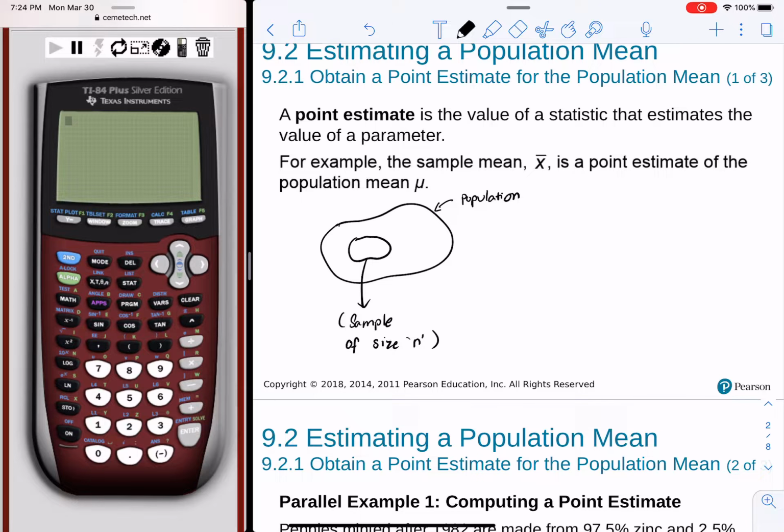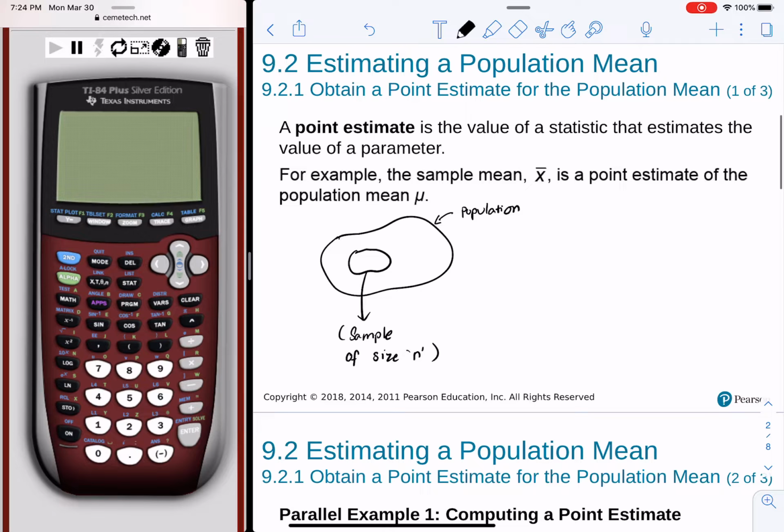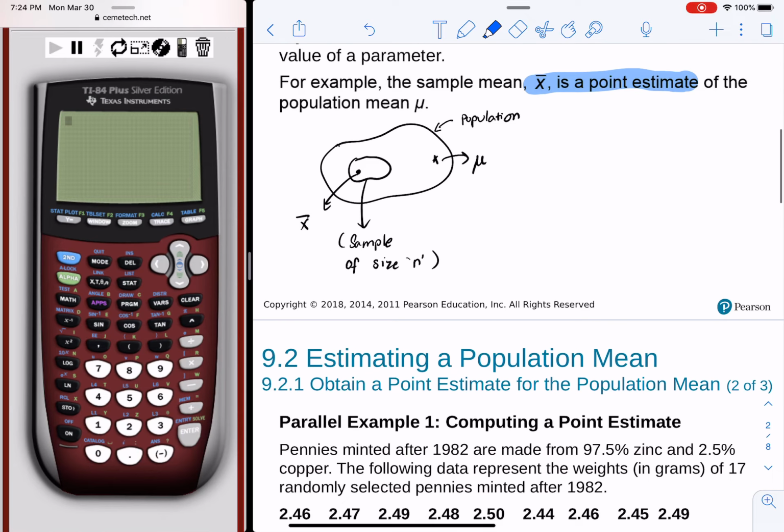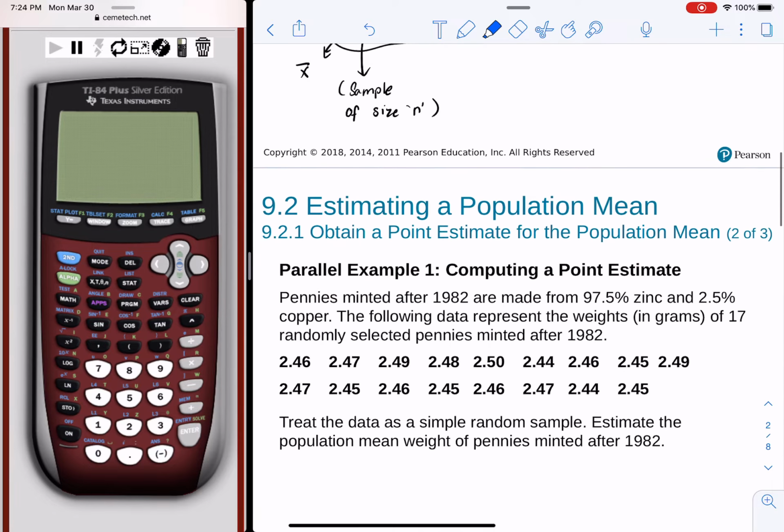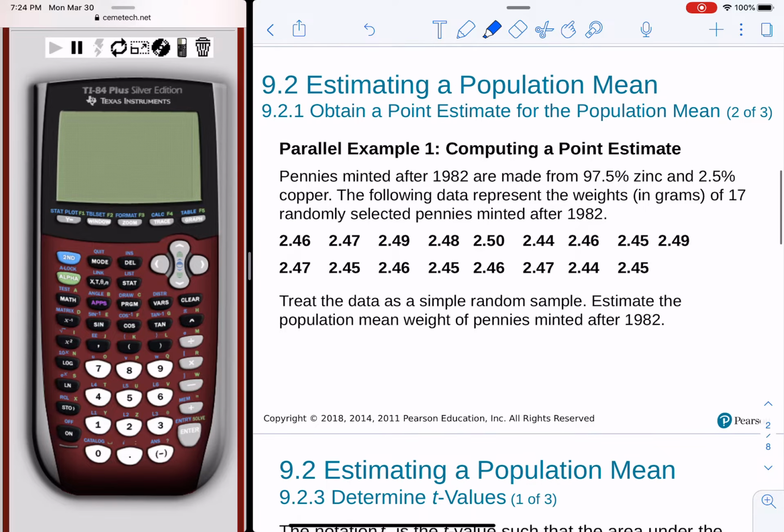In other words, we have n observations, and if the population mean is mu, the sample mean that we obtain using the sample is x bar. And x bar is what we call the point estimate of the population mean. So how do we find the point estimate?